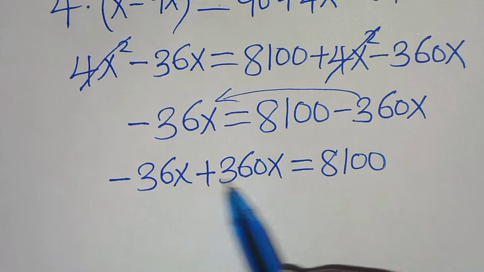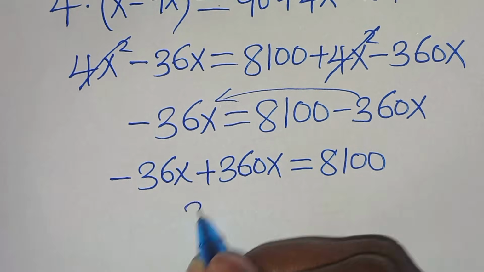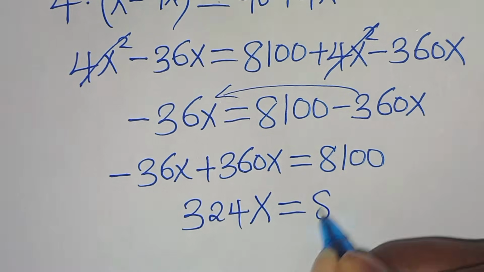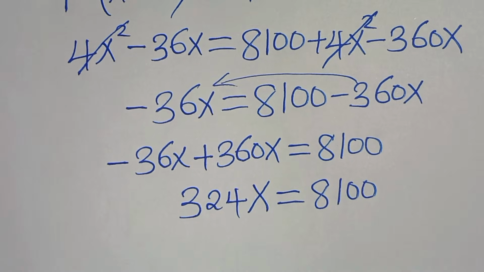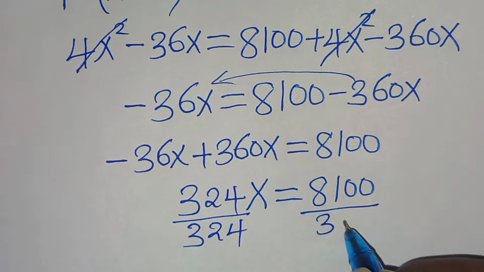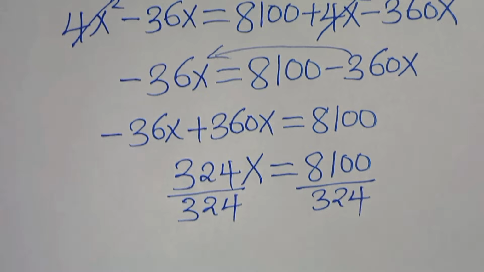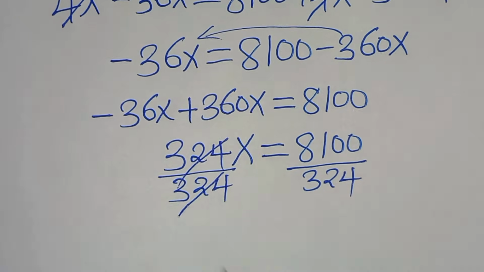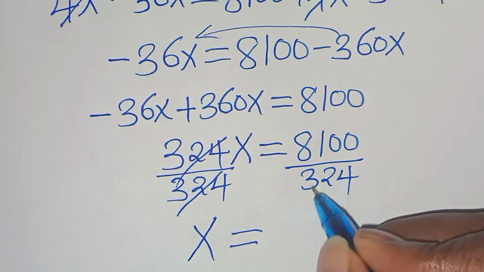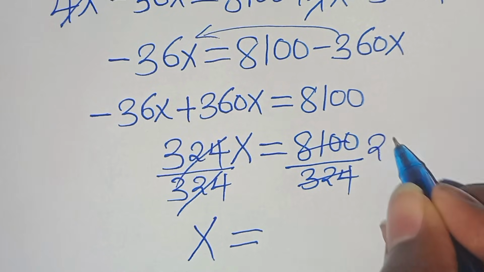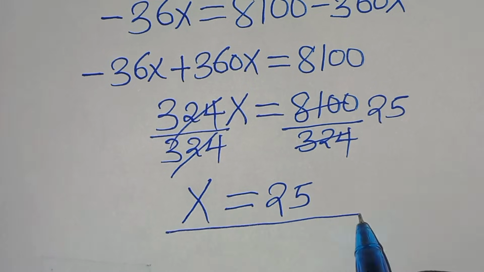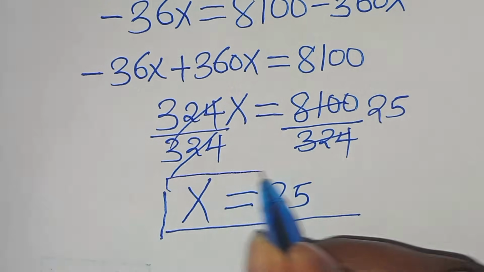Minus 36x plus 360x is 324x, equal to 8100. So let's divide both sides by 324. If you simplify, we have the value of x equal to 8100 divided by 324, which is the same thing as 25. So we have x equal to 25. So this is the value of x.